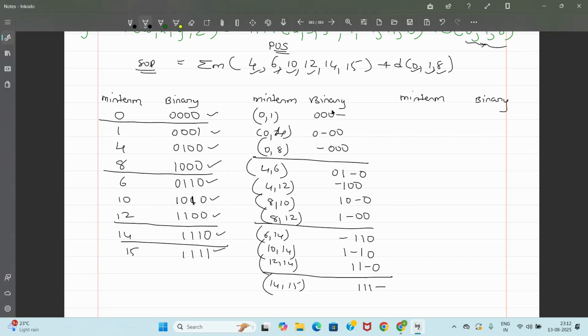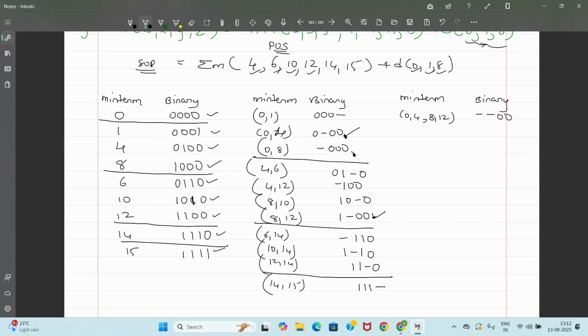So compare this. There is no term which has a dash in the last position, so I cannot use 0, 1. It will be left as it is. Coming to the second term, this can be compared with this number, correct? Because they have dash in the same places. And also I can combine it because they have only one place change happening. So 0, 4 with 8, 12, and the answer will be dash dash 0, 0. This and this are done. Okay.